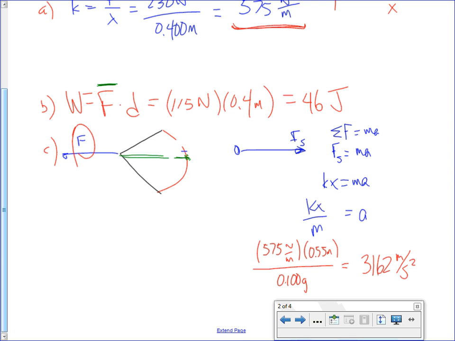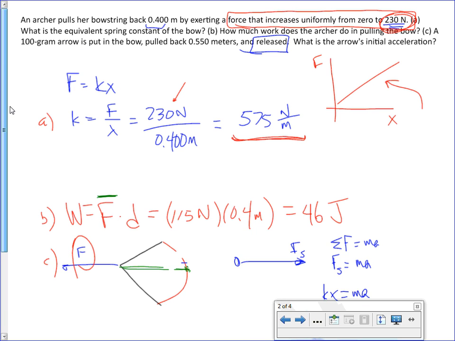That's accelerating like crazy. Now, it doesn't do that the whole time, and that's why, if you look carefully at the phrasing of the question, it asks what's the arrow's initial acceleration. Because it accelerates that fast when x is a certain value and the force is a certain value.